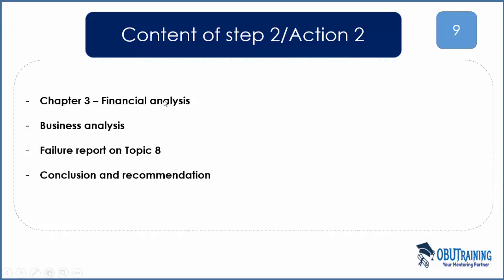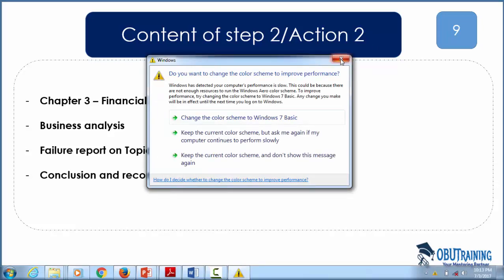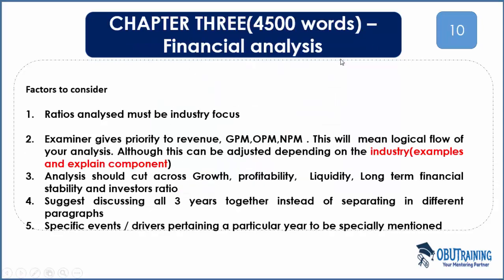Meaning that in your financial analysis section, you are pointing it out as a reason which led to the movement in the ratio. While in your business analysis section, you are doing a critical explanation of such business factors that you have pointed out in the financial analysis. This is called synchronization, and one of the key important tools or factors you really need to pass topic 8.